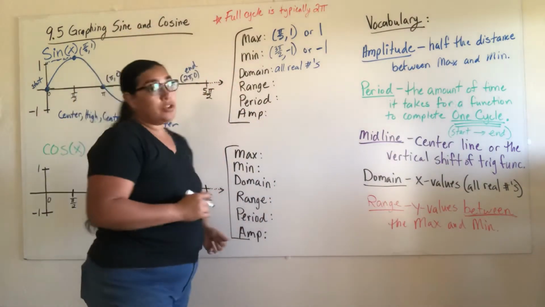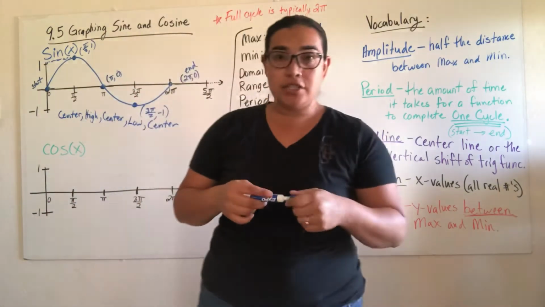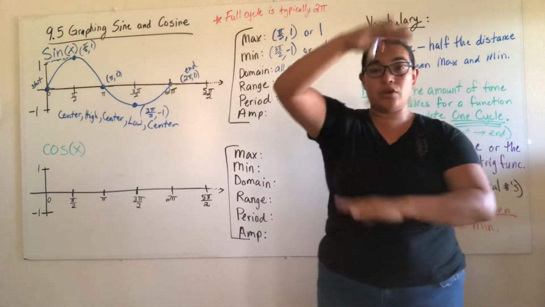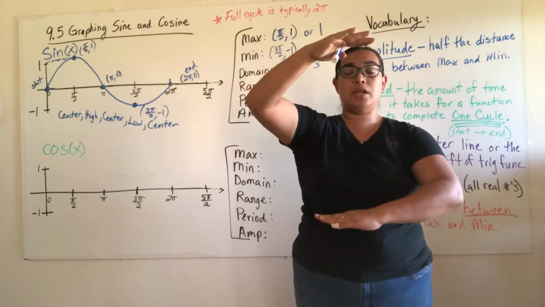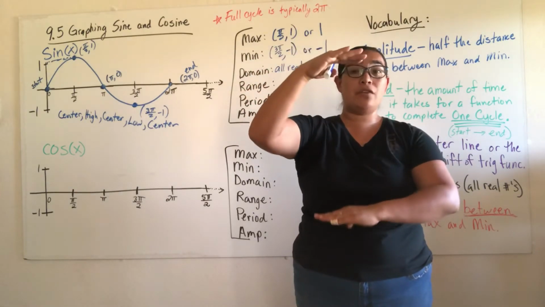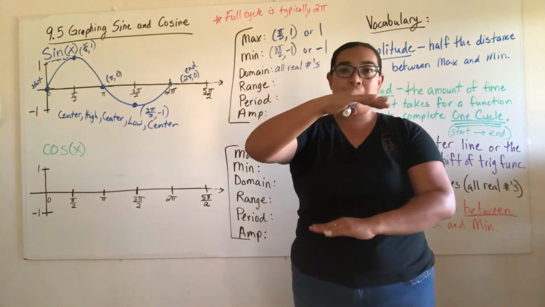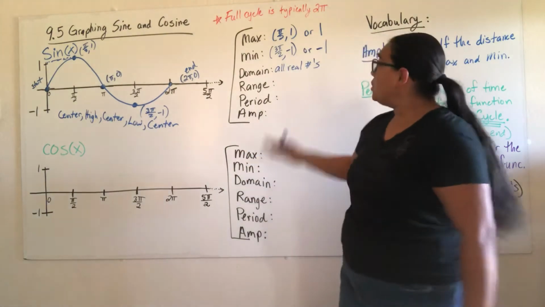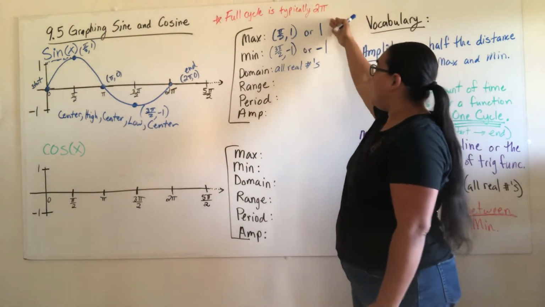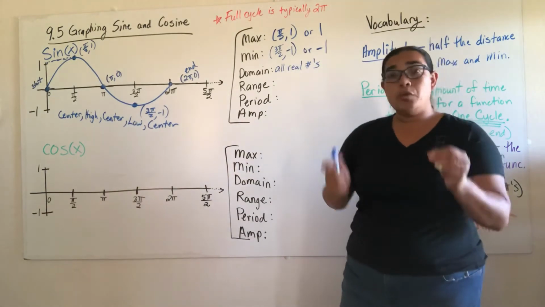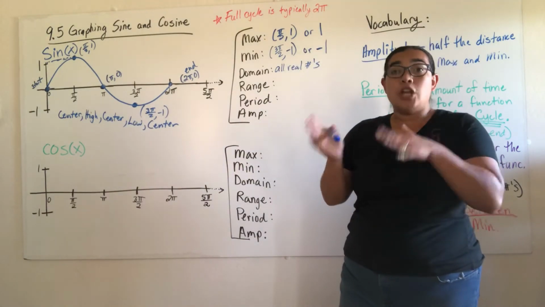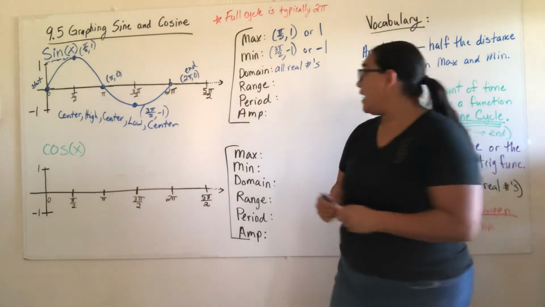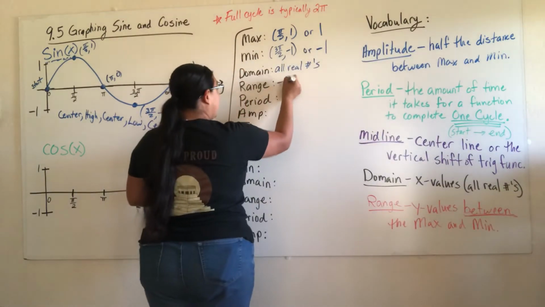All right, the range though. The range is important because the range has to do with your max and your min. What was the highest point? What was the lowest point? And you have to list it in interval form or inequality form, actually. I think that's what they use on Desmos. So we already know that our high was 1 and our low was -1. So when we list this, we want to put it from low to high. So let's list the -1 first. So I'm going to say -1 less than or equal to y, less than or equal to 1.